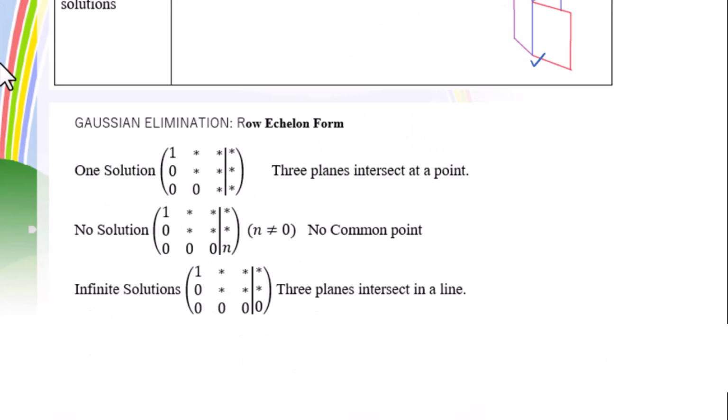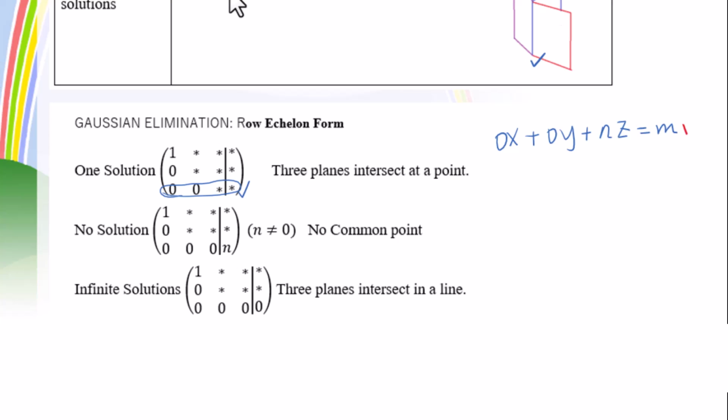After you do Gaussian elimination, one solution you will get is this form, which means the three planes intersect at a point. The third row means 0x plus 0y plus nz equals m.